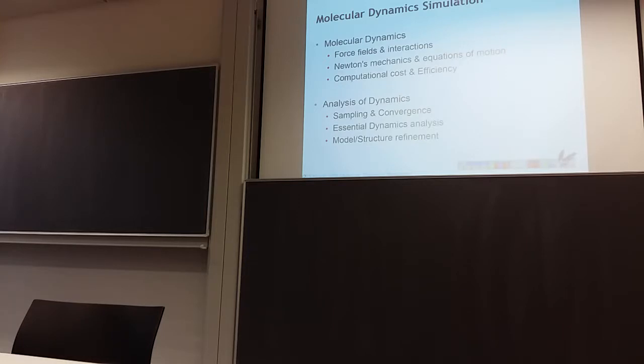We'll start with thinking about sampling and convergence, because convergence here means whether your sampling has converged to the point that the statistics that you have in your simulation correspond to basically the free energy differences that you would expect experimentally.